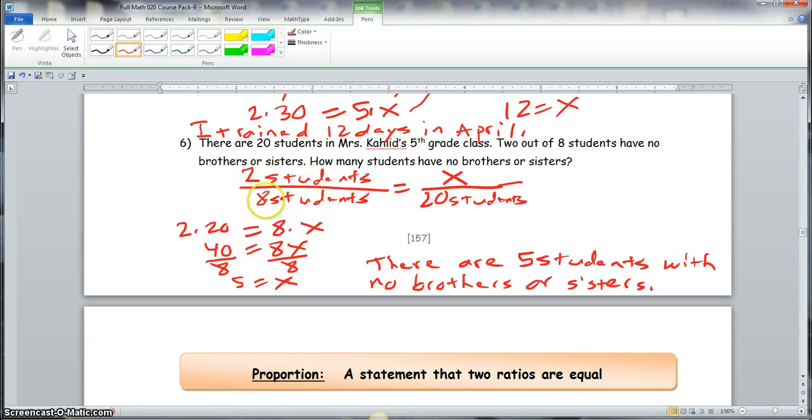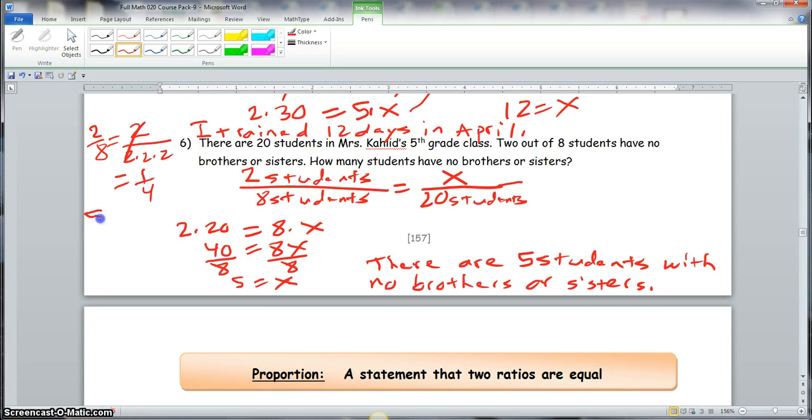Because watch this, 2 divided by 8, let's go back to our fractions. 2 divided by 8 is the same thing as 2 over 2 times 2 times 2, which would give us 1/4, right? So this ratio is equal to 1/4. So now, when we substitute in this value for x, this side should also give us 1/4.